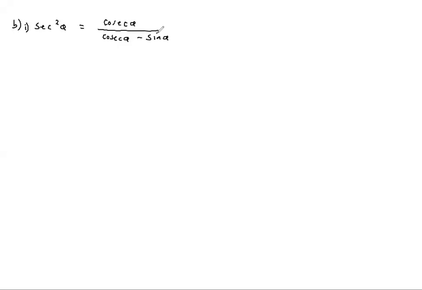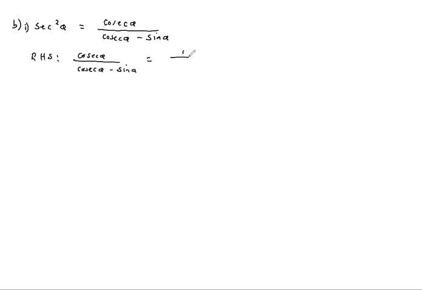Now, whenever you see sine, cosec, sine, sec, sine, tan, you change everything that has to do with any other trig function to sine and cos. So in this case, we'll pick the right-hand side and express it in the sine and cos relationship.